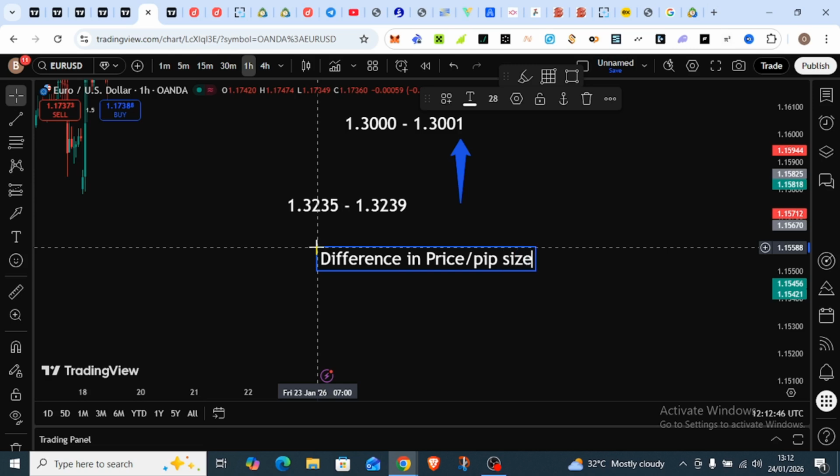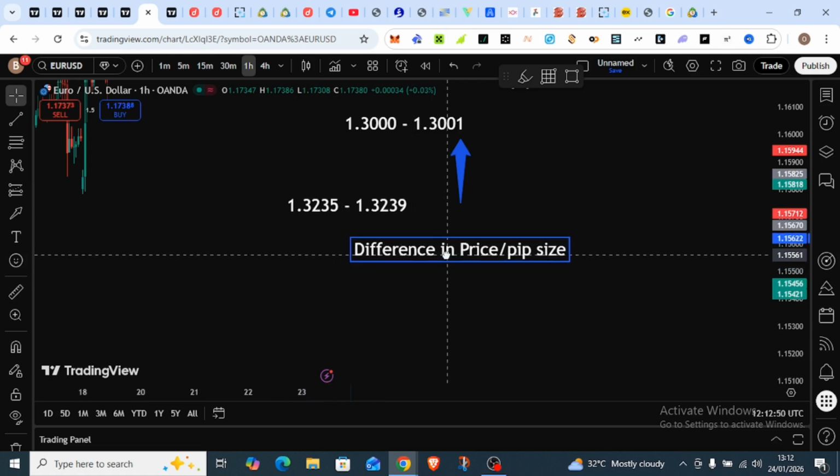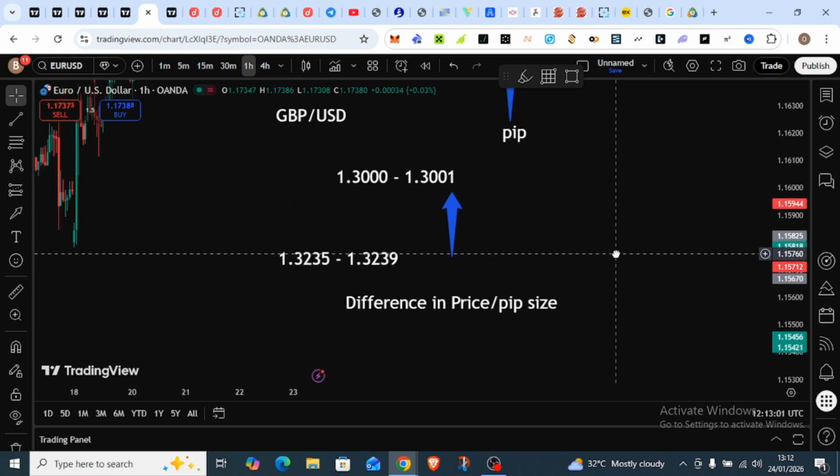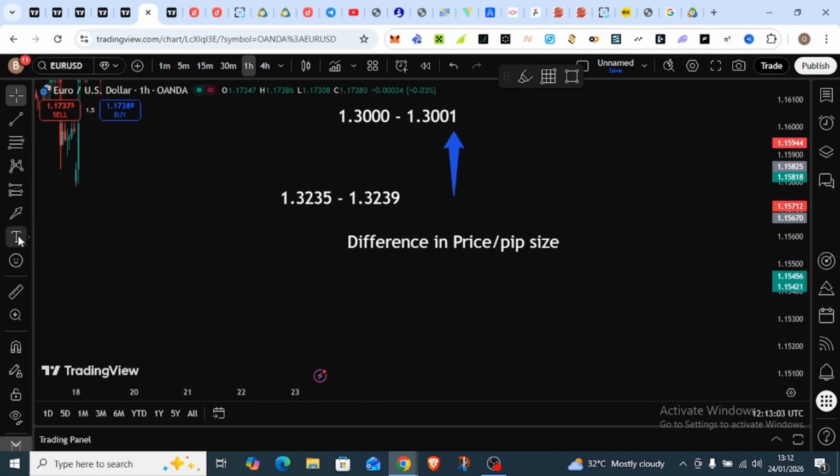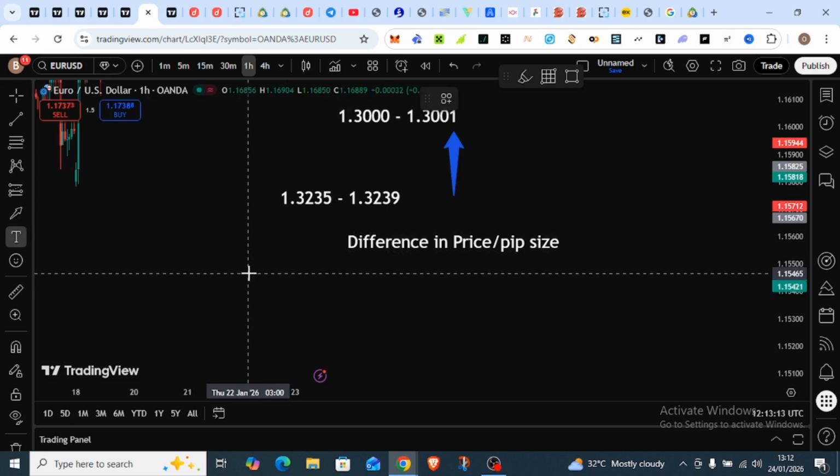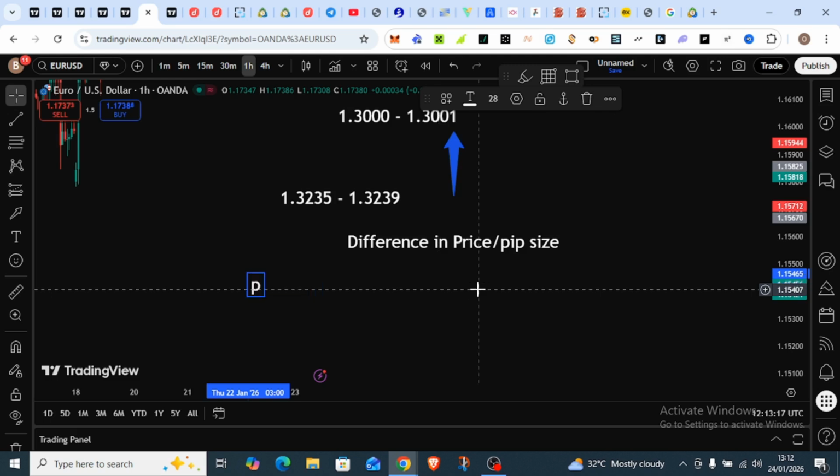And pip size for major Forex pairs, except Japanese yen and gold, is 0.0001.